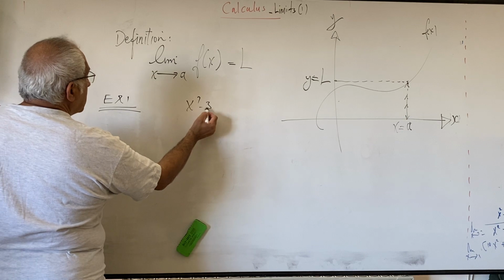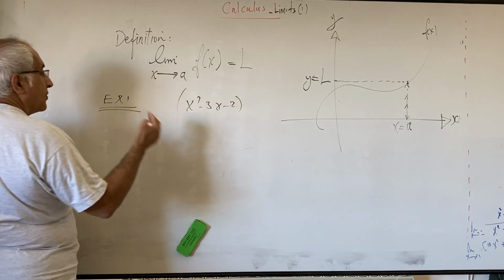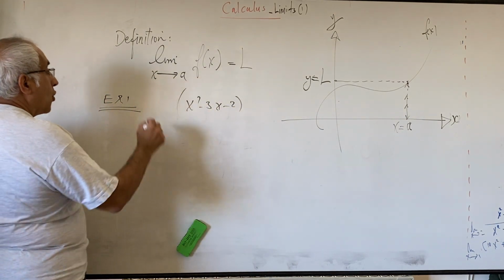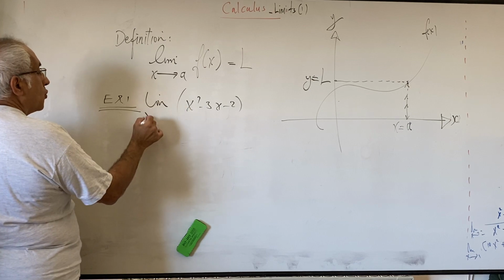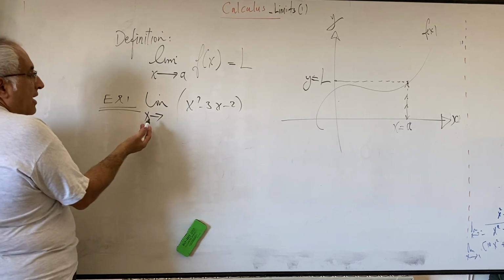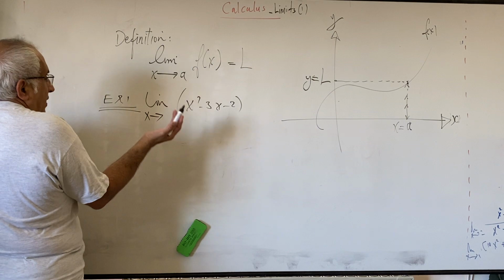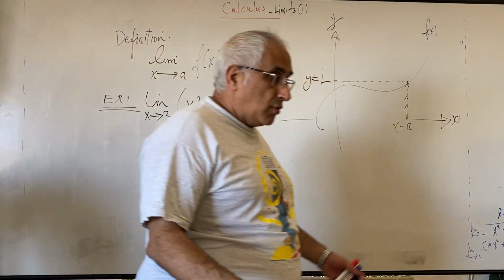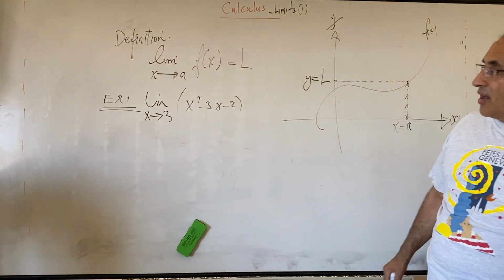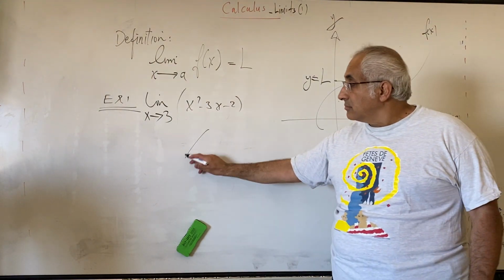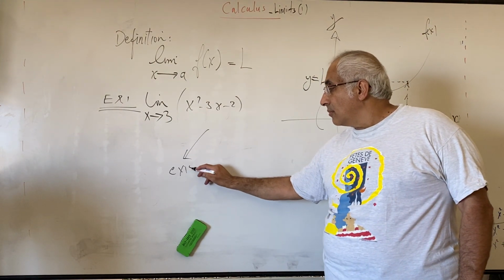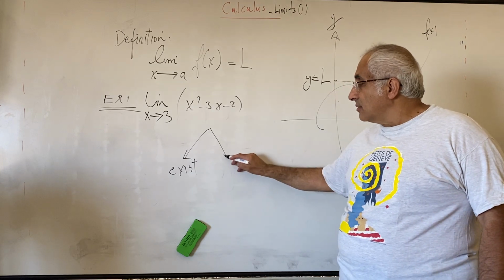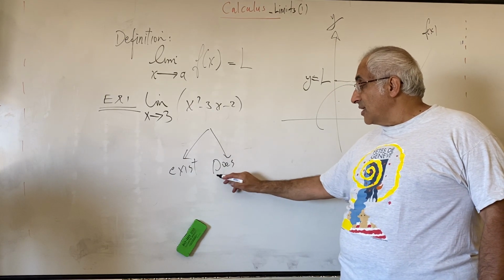x squared minus 3x minus 2. That's the function. What is the limit when x approaches any value of x, such as 3? So we always expect that whether an answer exists or whether an answer does not exist.